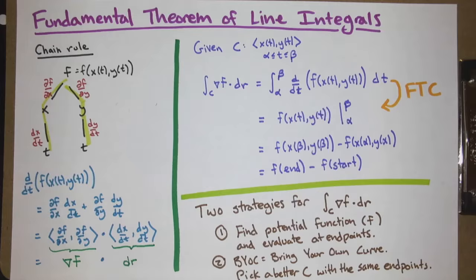Now, one thing I didn't write down, but I should say it now. What we're saying here about line integrals is line integrals are easy for gradients. They're nice for gradients. And you might say, is there any other type of thing that I can integrate that has this beautiful property that really I don't care about the curve I took? The only thing I care about is what happens at the endpoints.